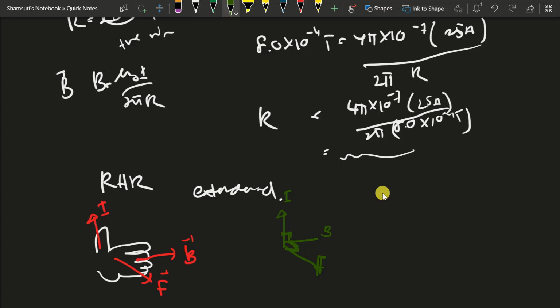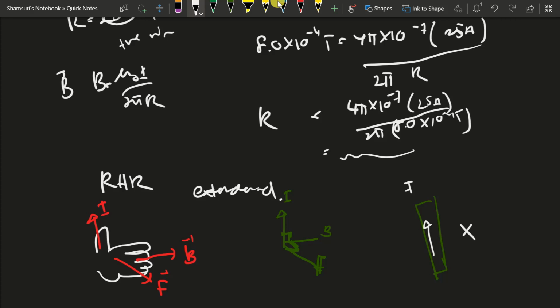So for example, we have the wire just now. We know that the direction of I is this one, and B is here. So we can see that the I and the B go inside here.